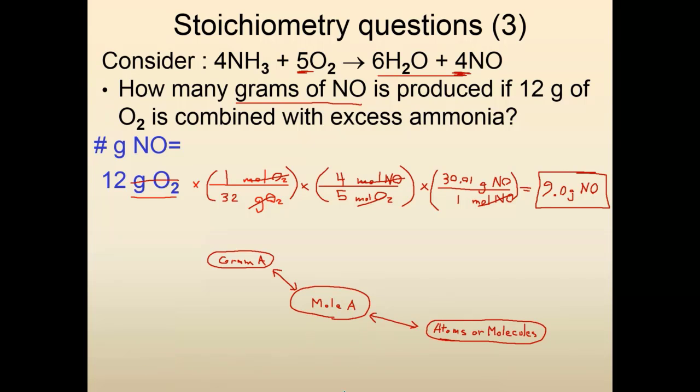Yeah, Avogadro's number, right? So 6.02 times 10 to the 23rd. And to convert from moles to grams, I just need the molar mass, right? So the molar mass is what I need here.